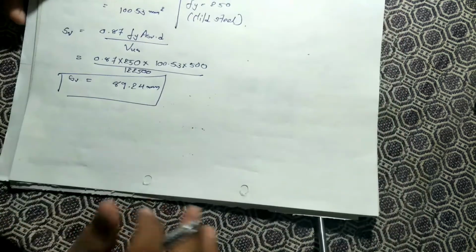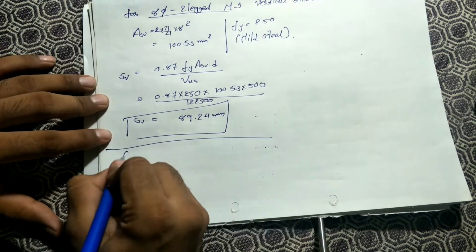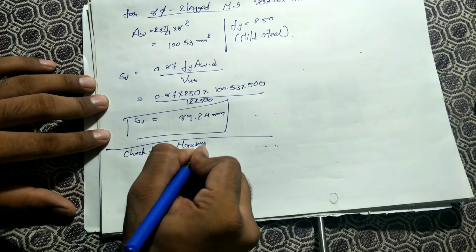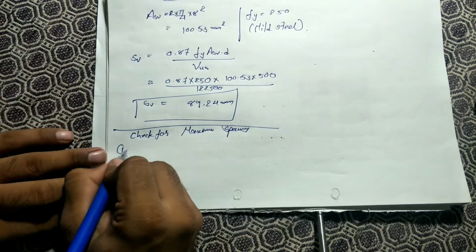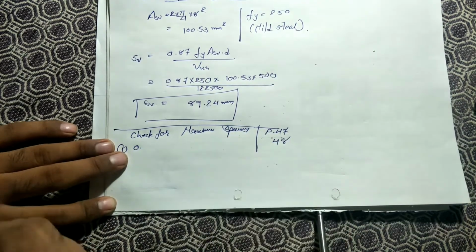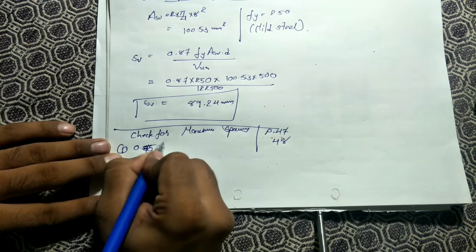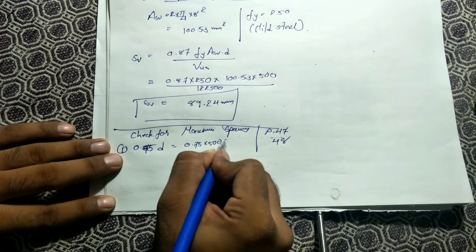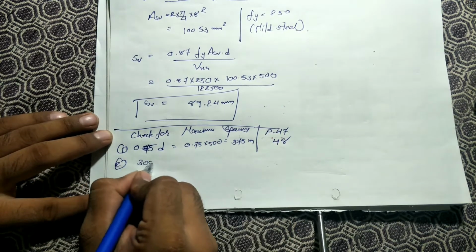Okay, so we have to check this spacing, check for maximum spacings. This condition is given on pages number 47 and 48. First condition is 0.75 D, so that is 0.75 into 500, that is 375 mm. Second is 300 mm.